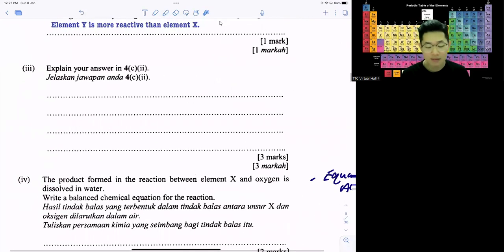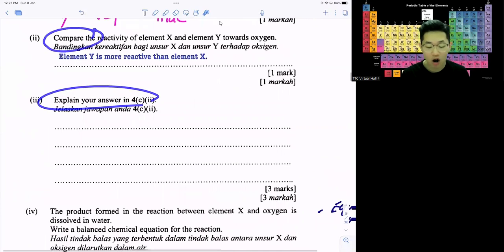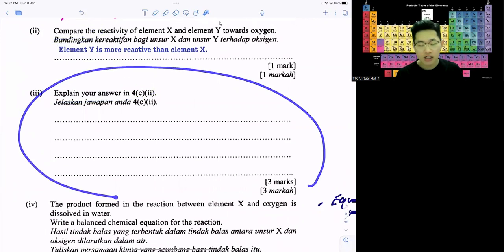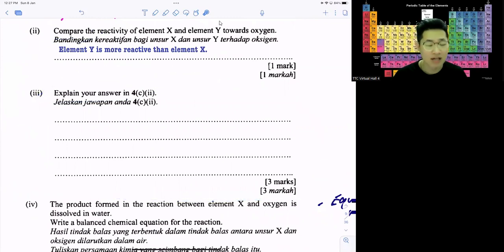So now they want me to explain, and don't forget they are comparing, so the explanation here has to be given in a comparison form.